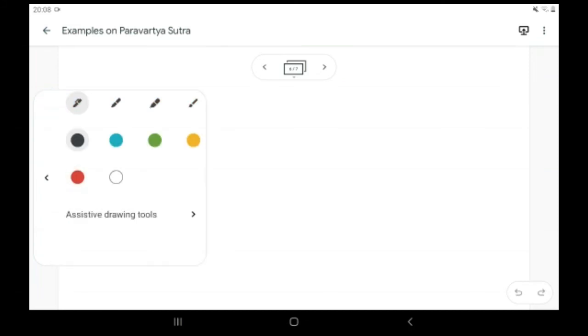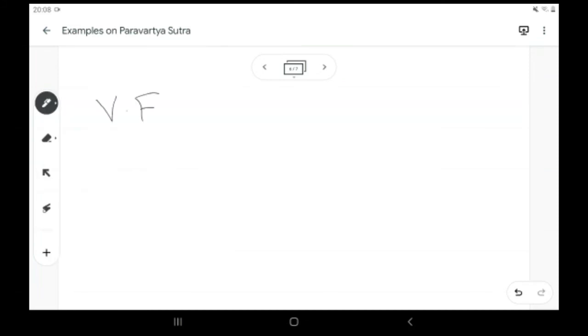So, the Veniculum form of 1, 6, 7, 8, 9. Actually, I have mentioned in my previous video, when I explained the Veniculum Sutra, how we can find the Veniculum form of any digit or any number. You can refer to that video, which explains in detail how to convert a number into its Veniculum form.